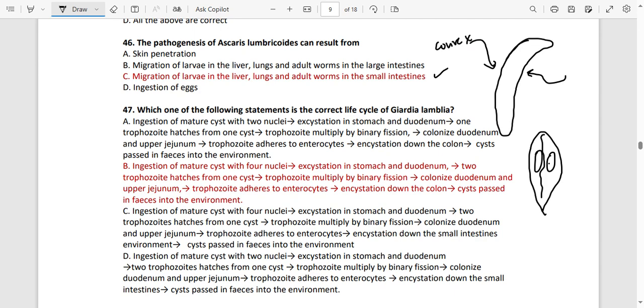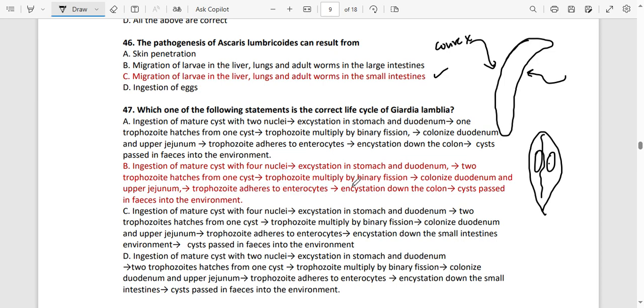So which of the following statements is the correct life cycle of Giardia? Ingestion of mature cyst. Remember we said there is a mature cyst with 4 nuclei, and then in the stomach and then the duodenum it is going to form two trophozoites, which are going to hatch from one cyst.